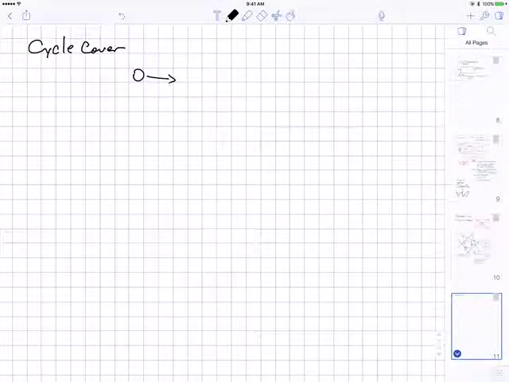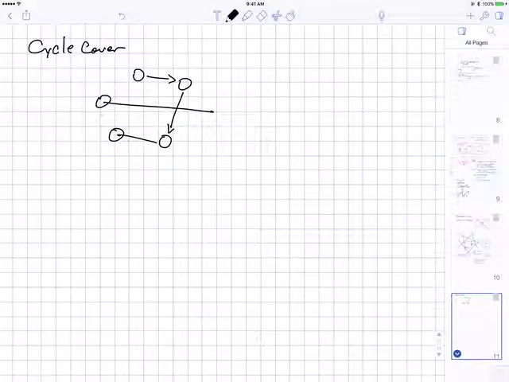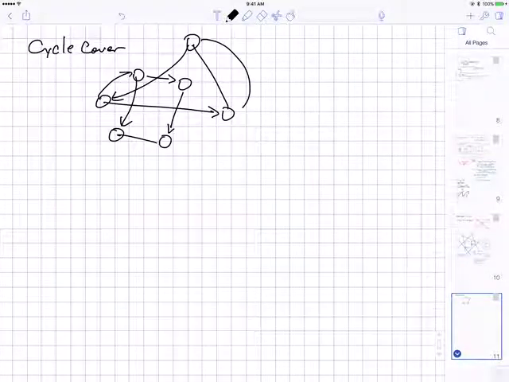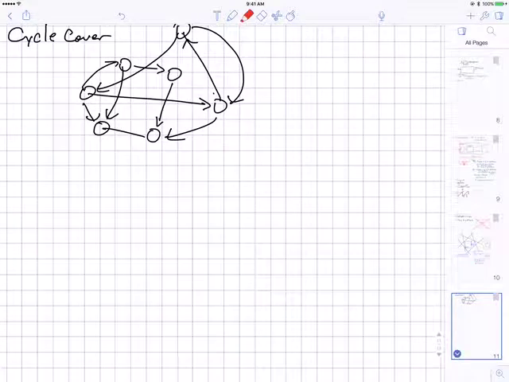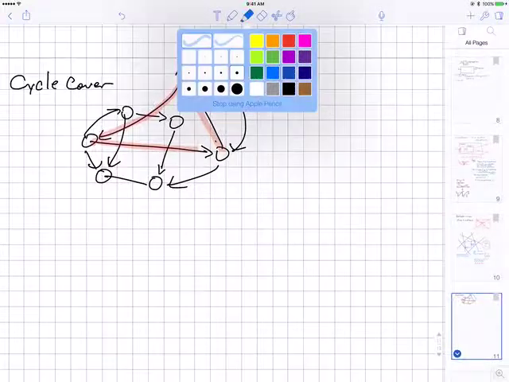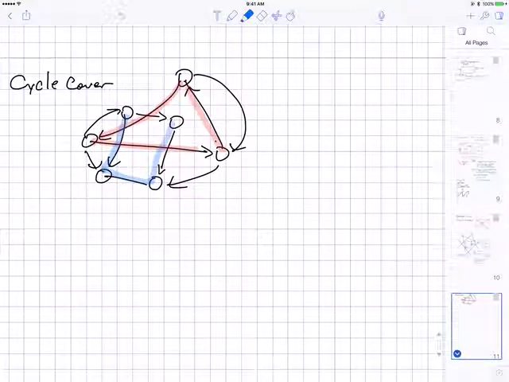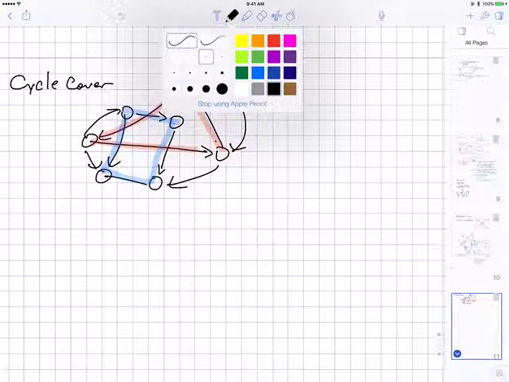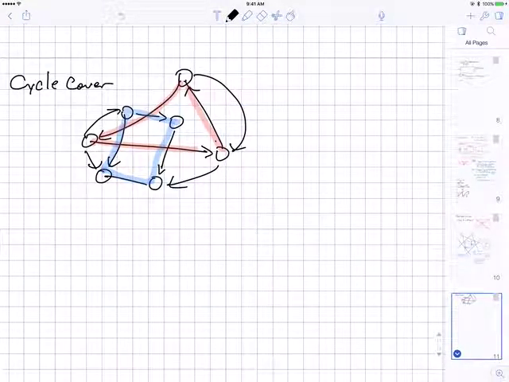Okay, so cycle cover is, the problem is you are given a directed graph, and I want to find a set of cycles that collectively touches every vertex. Oh, yeah, okay, fine, sorry. That was the wrong one.